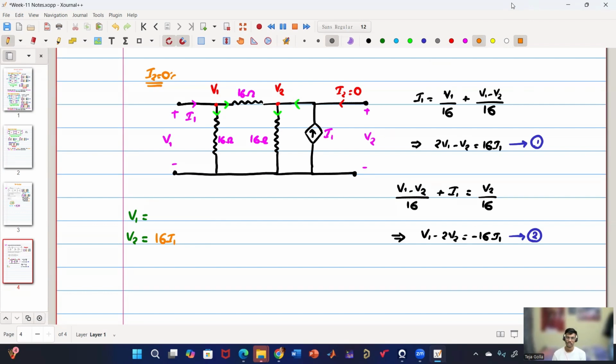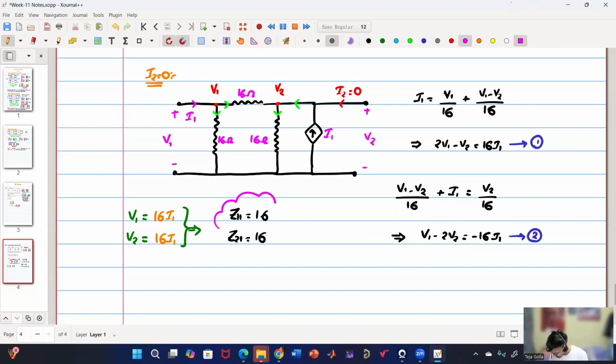So V1 is also 16 I1, and V2 is also 16 I1. Yes, okay. I hope others are able to do it. This is a simple calculation. So if we do this, we'll get Z11 equal to 16 and Z21 equal to 16. Yes, very good.